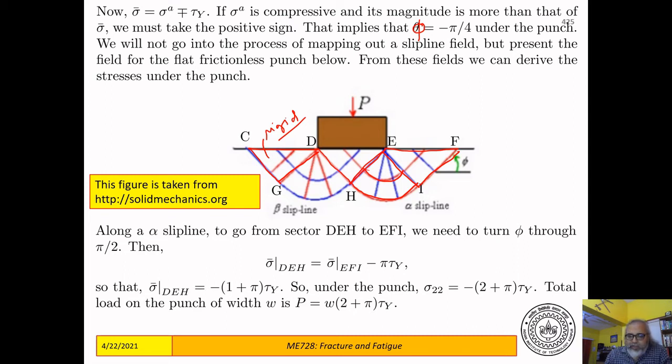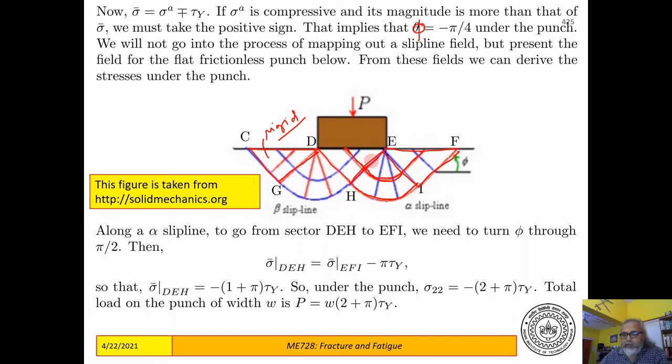And how do we interpret the slip line field that we have seen? To interpret it, we start with the Hencky equation along, let's say, an alpha slip line. So this is the alpha slip line. We know along the alpha slip line, phi doesn't change along this part, so sigma bar doesn't change either.